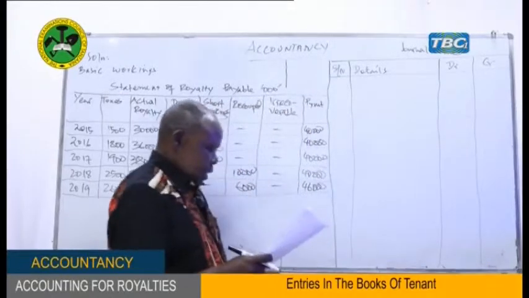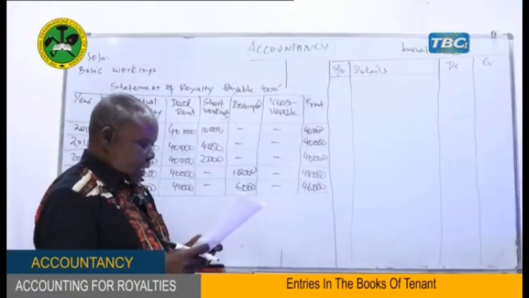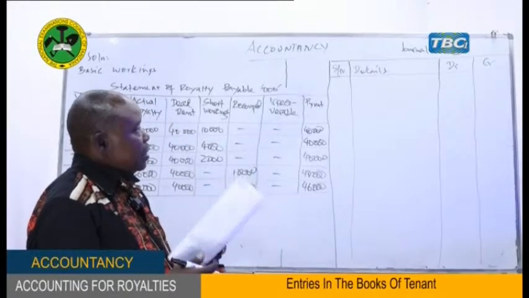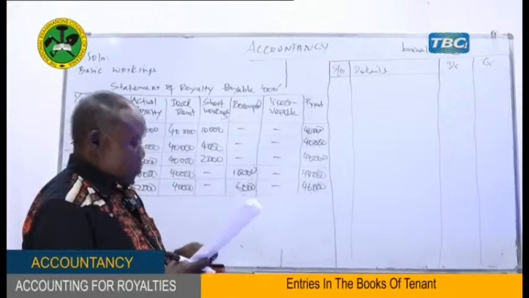So let's now start with the category A. We want now to make a landlord due.